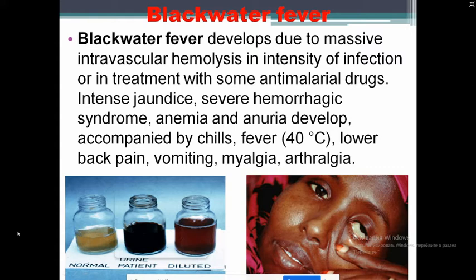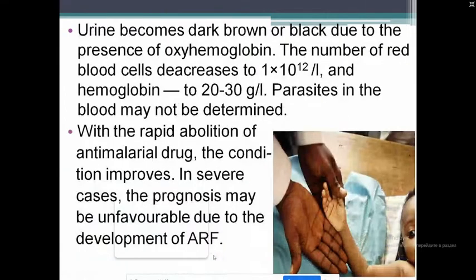Here, please, doctor, normal color of urine of the patient and the changed one. Urine becomes dark brown or black due to the presence of oxyhemoglobin. The number of red blood cells decreases up to 1 per liter and hemoglobin to 20-30 grams per liter. Parasites in the blood may not be determined.